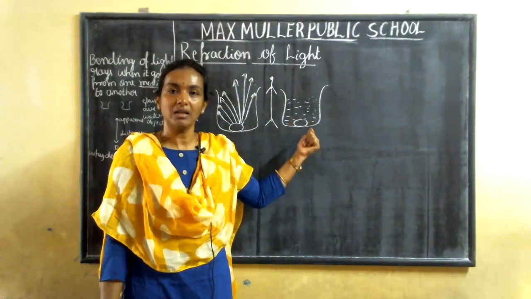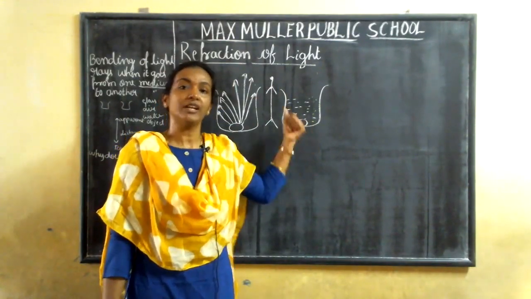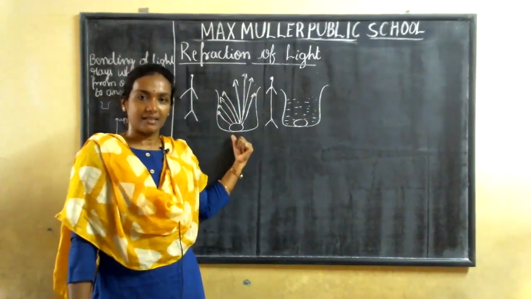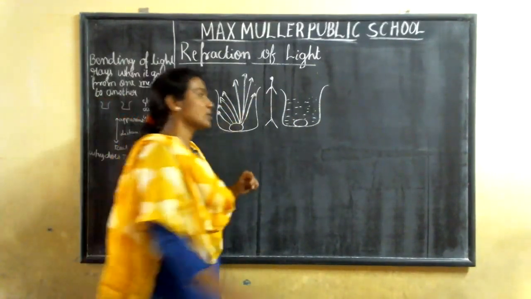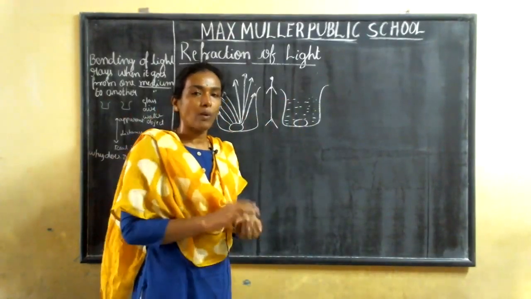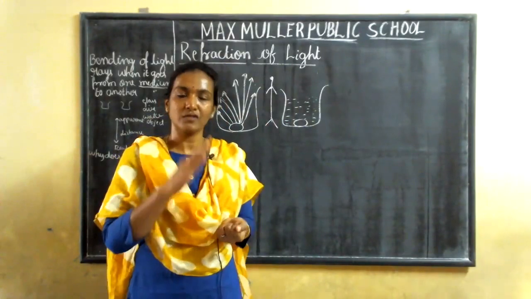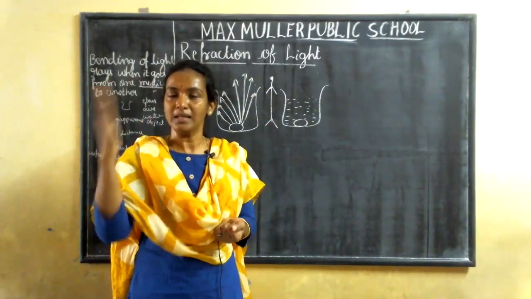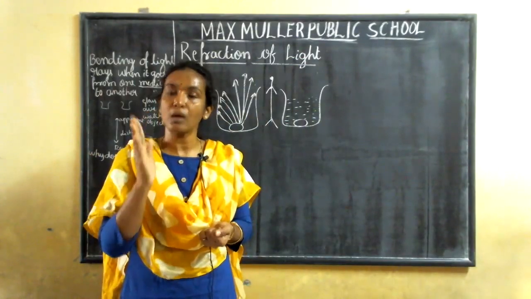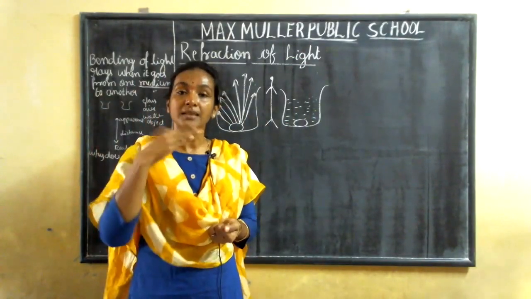How is it possible? Why can you see the object now and why couldn't you see the object at that time? That is because of the mediums. When the light rays pass from one medium to another medium, they bend.